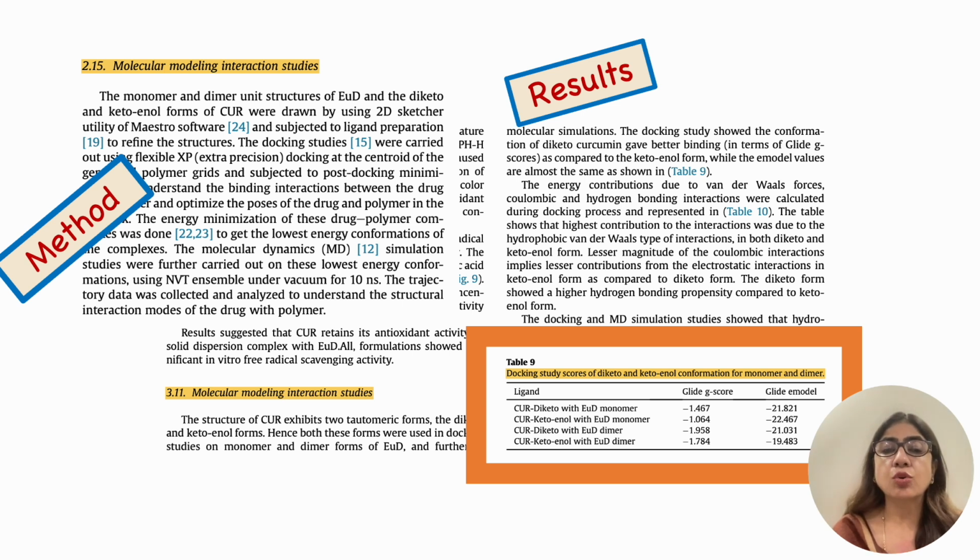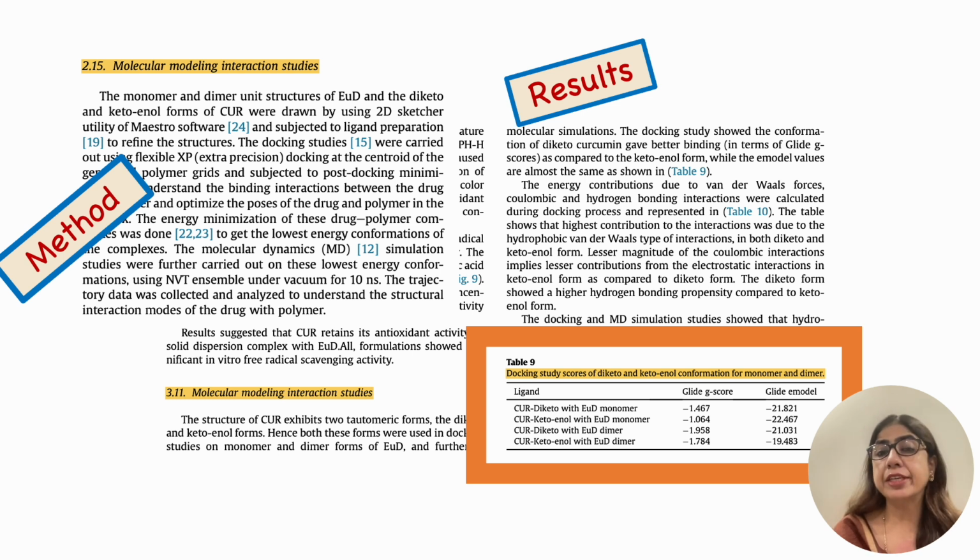The Glide G score is the docking score in this case, and it is always negative. A more negative score means higher affinity between drug and polymer. In this case, it is lowest, that is minus 1.958, for the diketo form of curcumin with the Eudragit dimer.